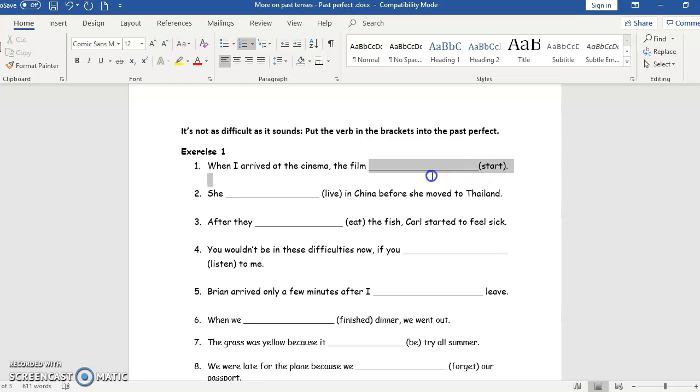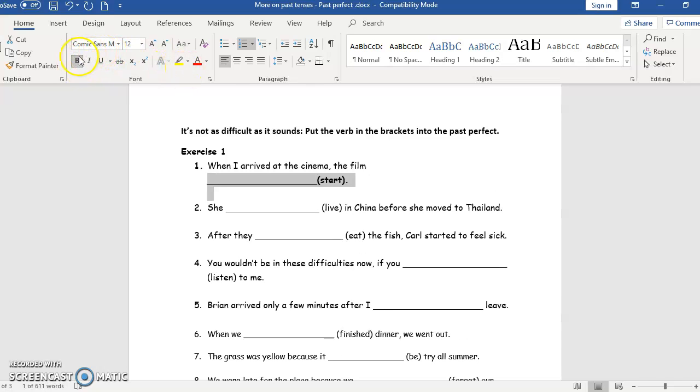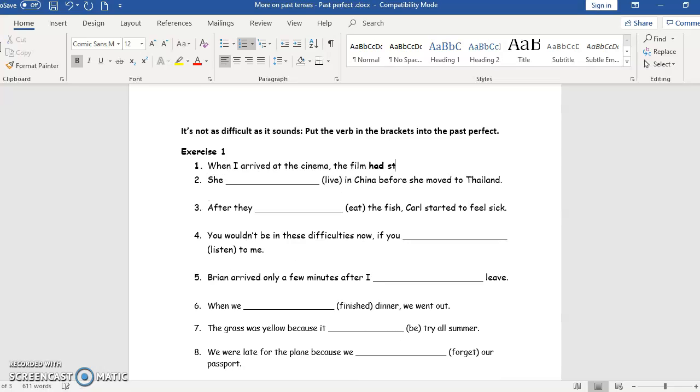So let's have a look at the first one. I'm going to do that for you. So it says here, when I arrived at the cinema, the film, the verb is start. So the past perfect, of course, is had started.